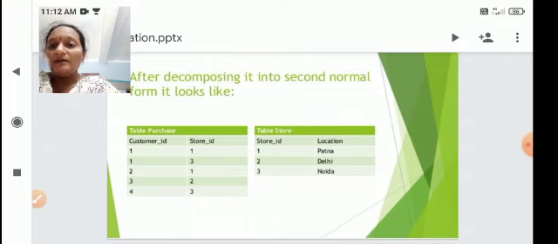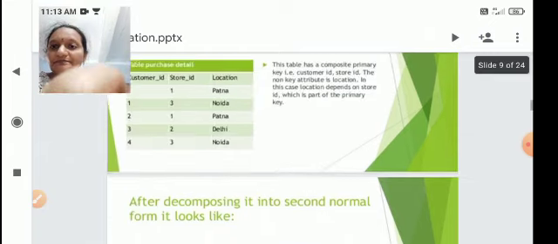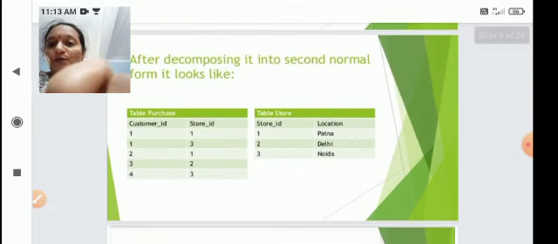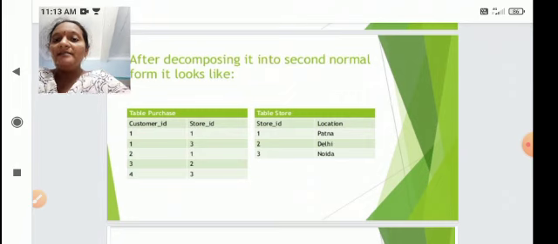So we have the composite key in the first, and store id and location in the second. We divide the purchase detail table into two tables, converting it into second normal form.